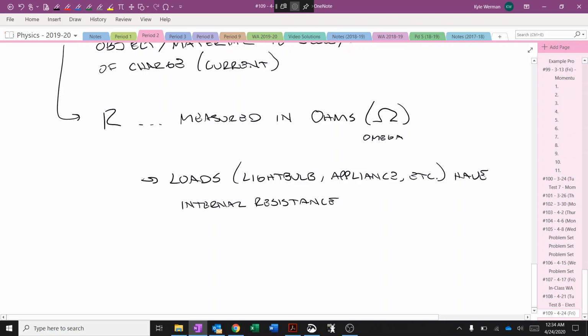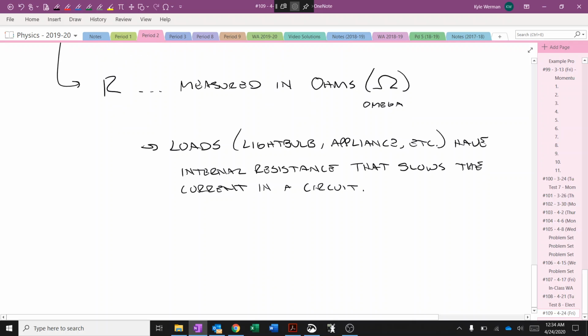So loads have internal resistance that slows the current or the flow of the charge in this circuit. So again, anything you put in that you're actually trying to power, you have to factor in that it is going to have resistance in the circuit.